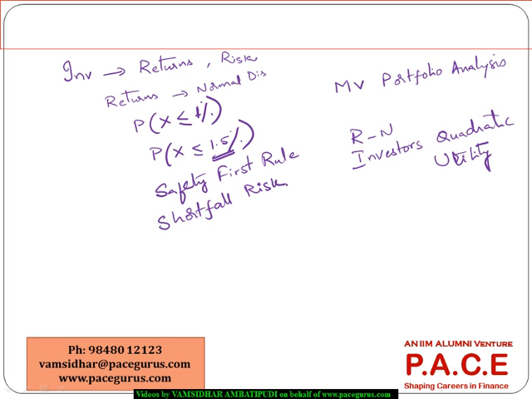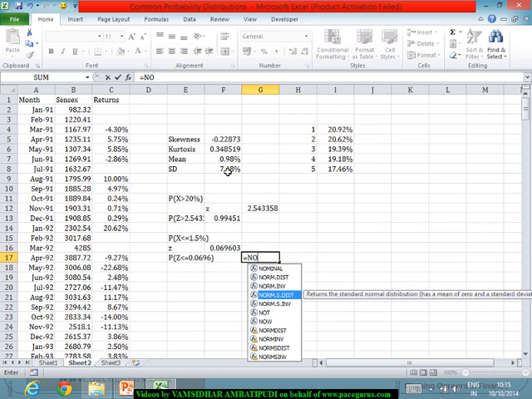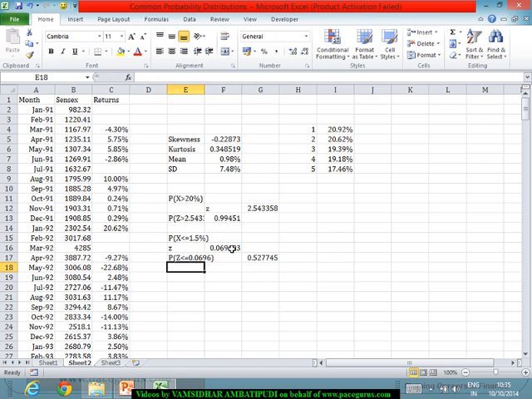So in this case, going back to our example, if I want the probability that X falls less than or equal to 1.5%, I have a monthly target of 1.5%. So from there I'll compute my Z, which is 1.5% minus mu divided by standard deviation. So it's as good as saying probability of Z less than or equal to 0.0696, and I can take that into my NORM.S.DIST table, wherein I am looking at this particular Z value, which tells me that it is 52.77%.